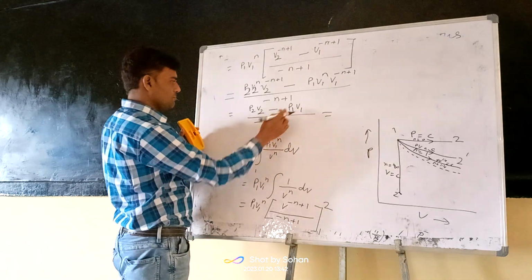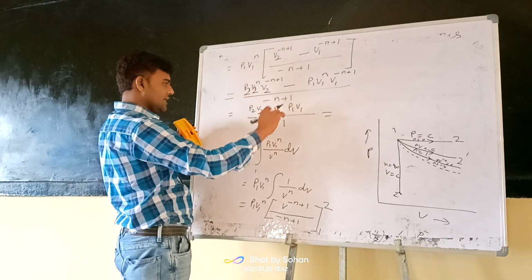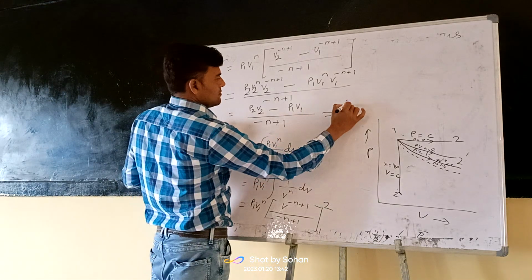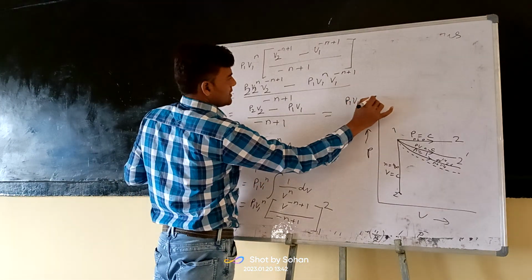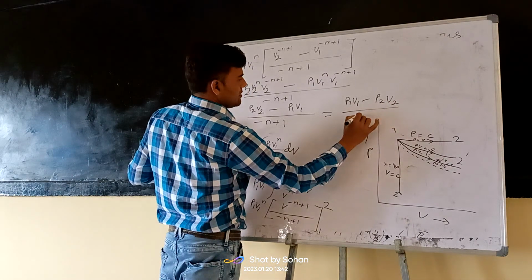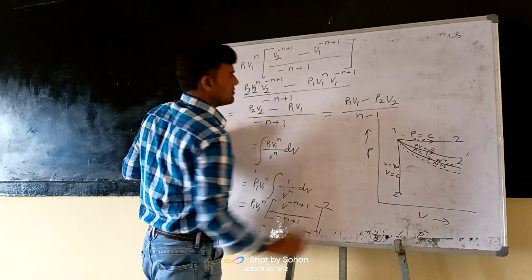So the work done is equal to P1 V1 minus P2 V2 by n minus 1.